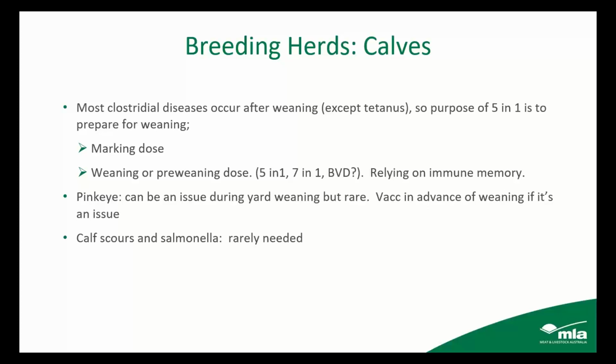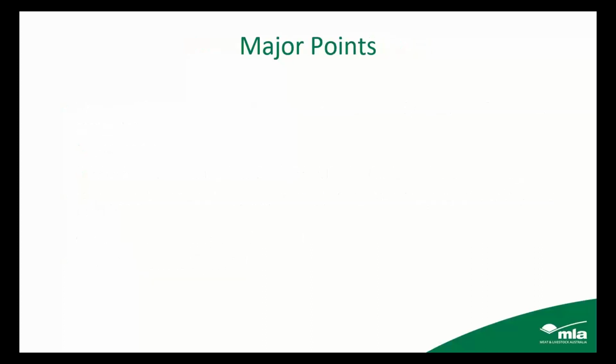You actually give it to the cow in advance of the calf being born, and so in some parts, for example East Gippsland, I dare say it's probably still a problem, and you might well consider it. Respiratory vaccines are rarely needed unless it's a case of entering into contracts with feedlots to have them pre-vaccinated before they go through the ringer at the feedlot.